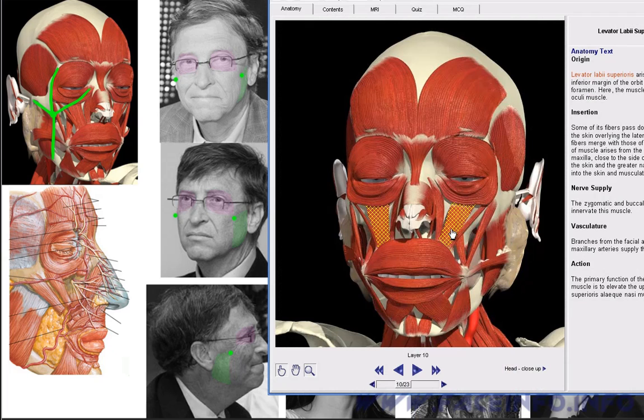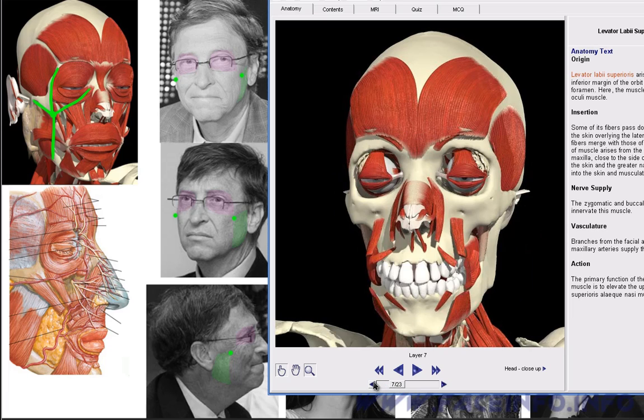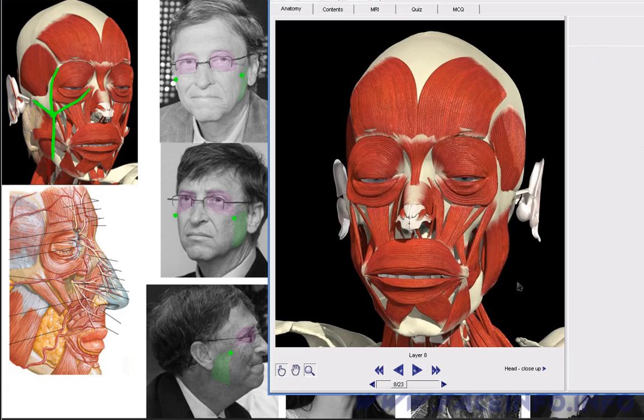This is the muscle that lifts the upper lip, or levator labii superioris. It rises from the maxilla, more precisely at the suborbital edge of the maxilla, goes down, some fibers are woven in the skin of the upper lip, some in the orbicular mouth muscle. So it lifts the upper lip.